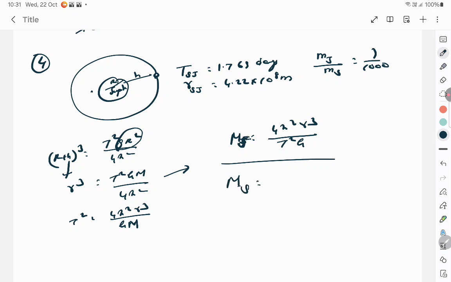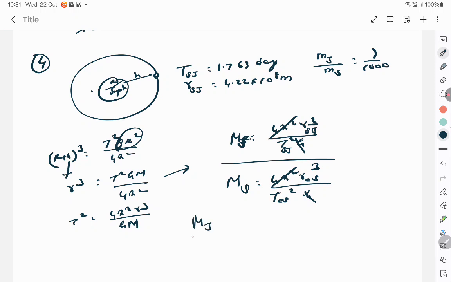This is the mass of Jupiter on top, mass of the Sun at the bottom, which is 4 pi square, this is the orbital radius of the satellite of Jupiter cubed, this is the time period of the satellite around Jupiter, by 4 pi square, radius of the Earth around the Sun cubed, by the time period of the Earth around the Sun squared by G. The capital G gets cancelled, 4 pi square gets cancelled.